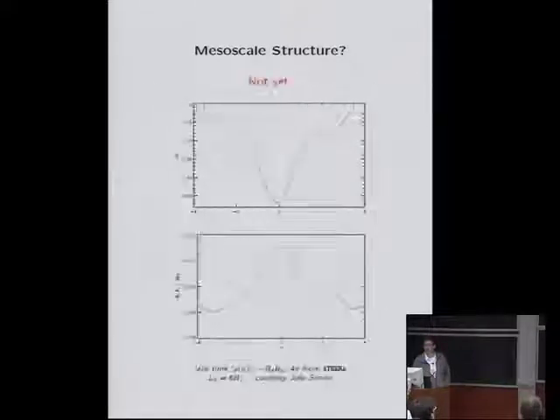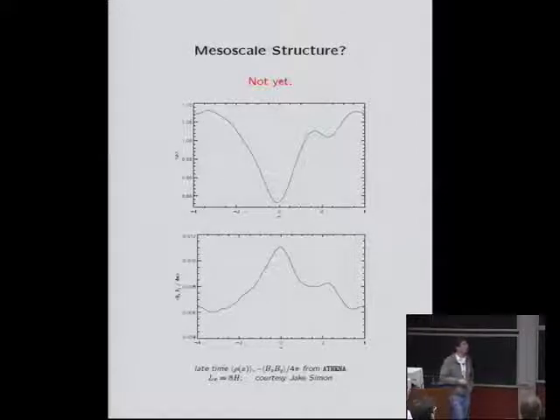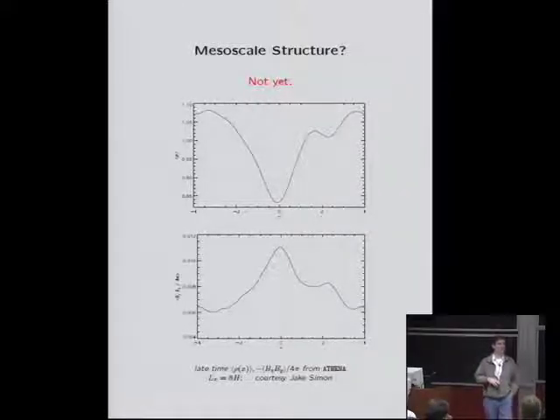Okay, so this grows. So does that mean there's mesoscale structure? And the answer is we can't conclude that yet. If you look at the mean surface density versus radial position in this model and in other models, it turns out that they all have a dip right at the middle. And this shows results from the Athena code, and I show this not because we can't do these simulations ourselves, but to show you that all these codes have this feature in them.